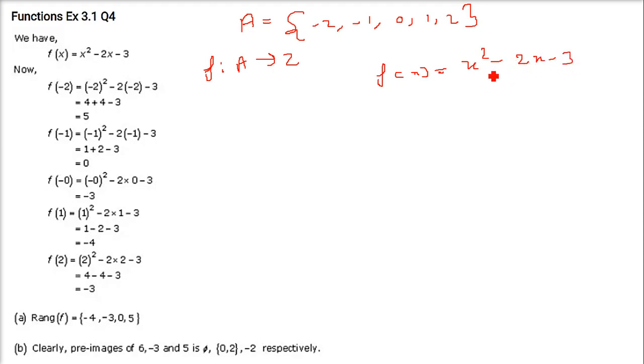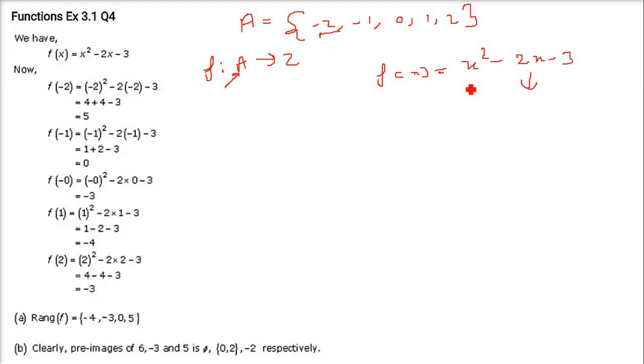So how to find the range? This is showing the domain, and whatever values we feed in, -2, -1, 0, 1, 2, whatever values come out are going to be the images. So we'll start with -2.